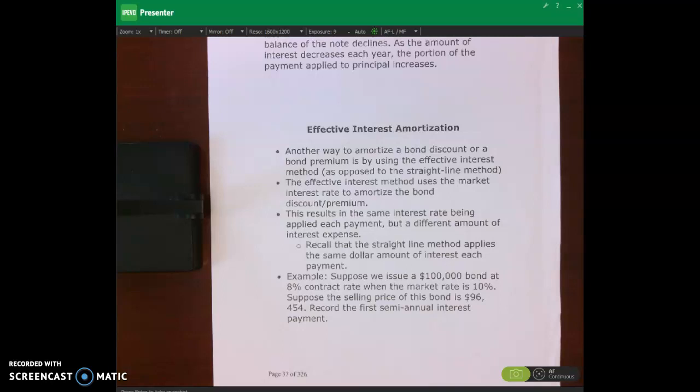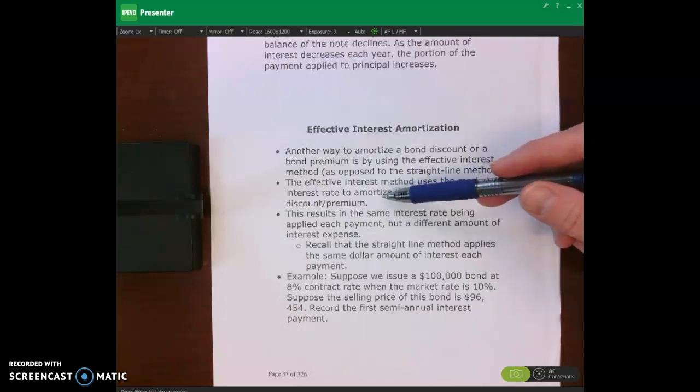That is one method. Another method is the effective interest, okay? And the way the effective interest method works is it multiplies the carrying value of the bond at the beginning of the accounting period times the market rate of interest. So in this case, it's called the effective interest because the rate used to amortize the bond is always the market rate of interest.